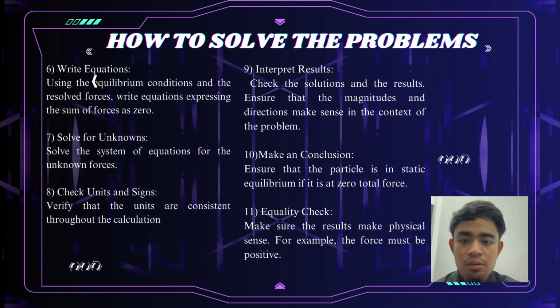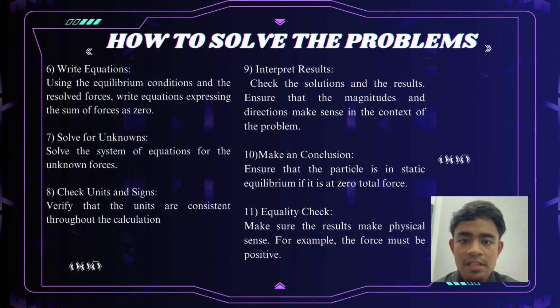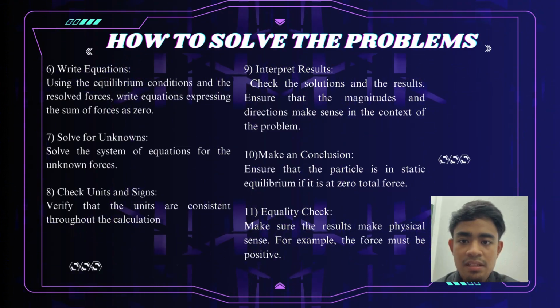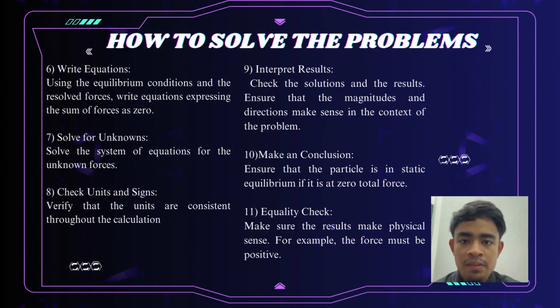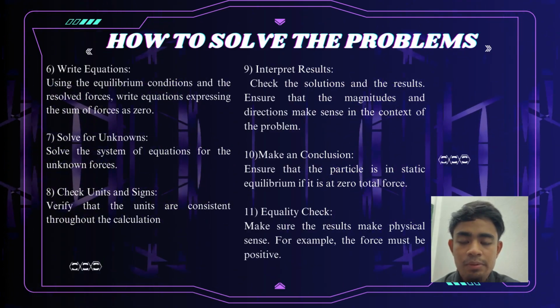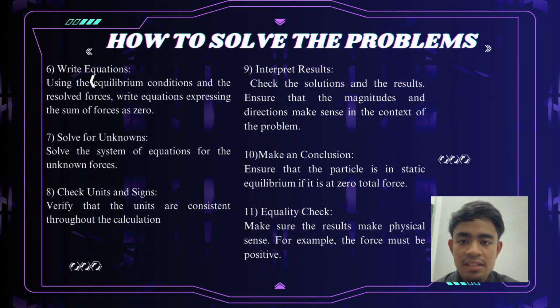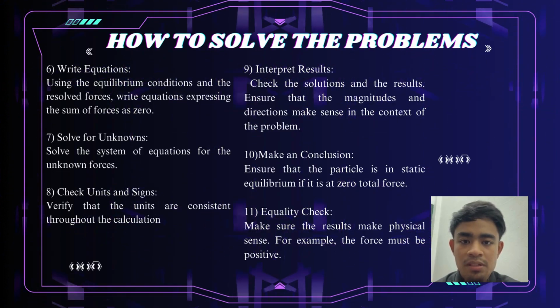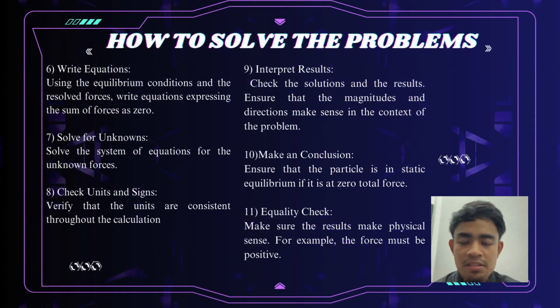Next, make a conclusion. Ensure that the particle is in static equilibrium if the total force is zero. And the final step is to recheck the equilibrium. Make sure the result makes physical sense. For example, the force must be positive.